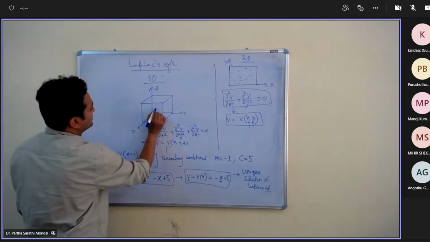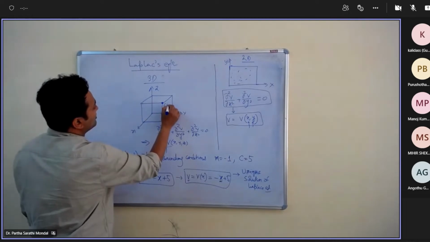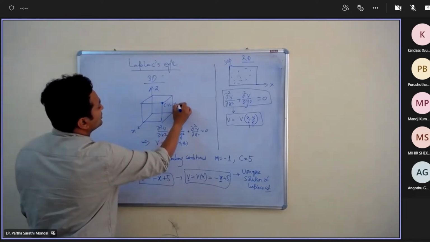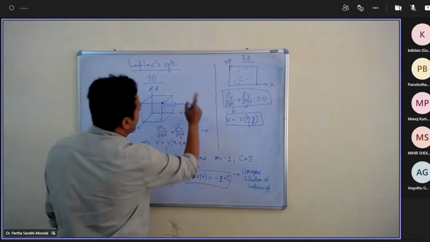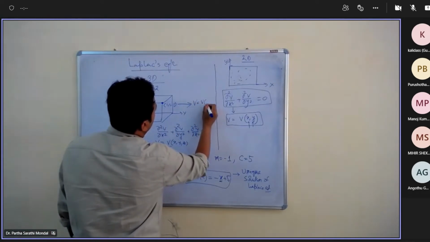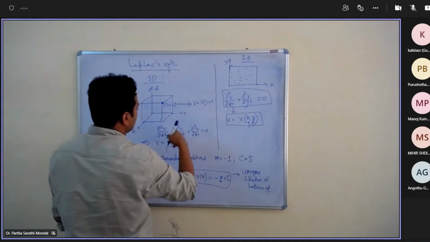Let's say there is a point, this one, 1, 1, 1. Here also for each point, let's say for 1, 1, 1, you will get one solution for v, not two solutions.